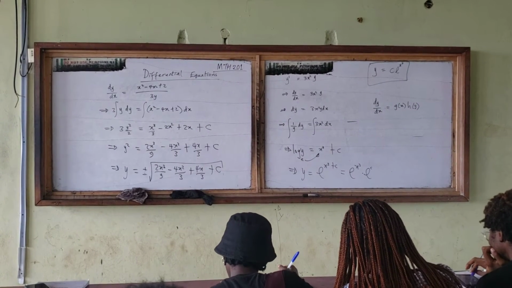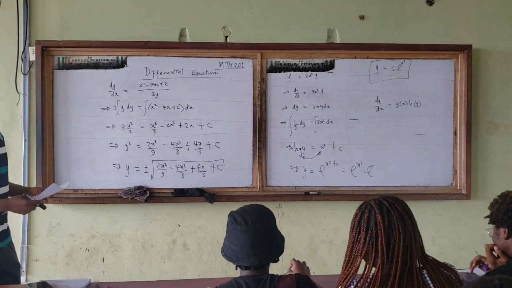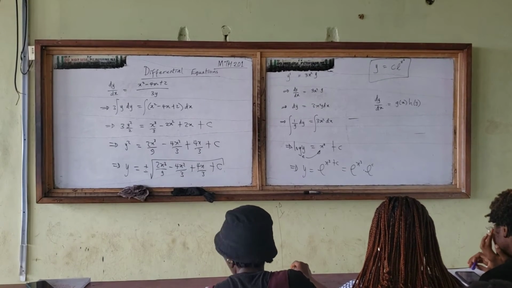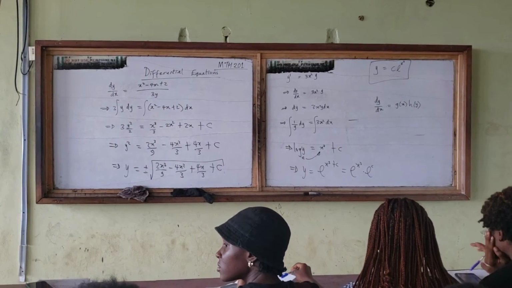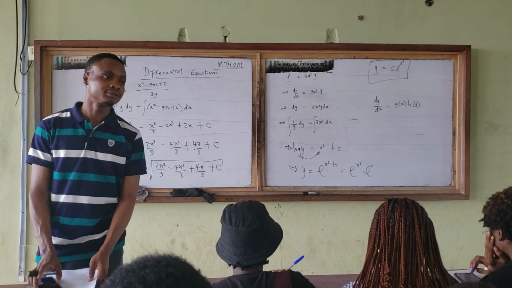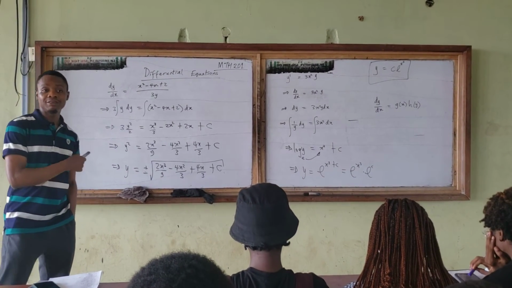You know one more. Okay, which of them? Number 7. Number 4. Okay, can we move on? Have you written this? No.